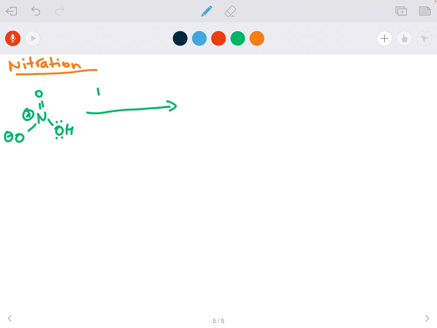I react this with H2SO4. And this will give me now a protonated nitric acid.